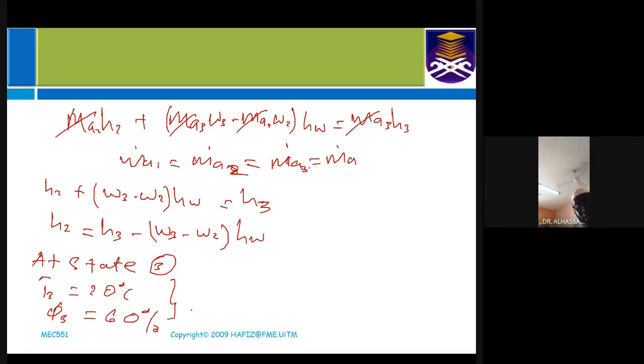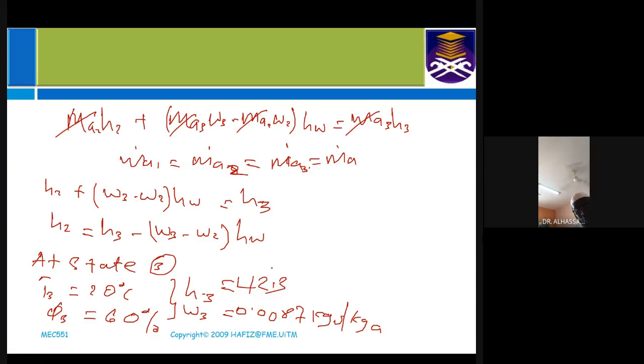So from here we can determine H3 equals 42.3, and omega 3 similarly equals 0.0087 kilogram of moisture per kilogram of dry air. So we can easily substitute into this equation.